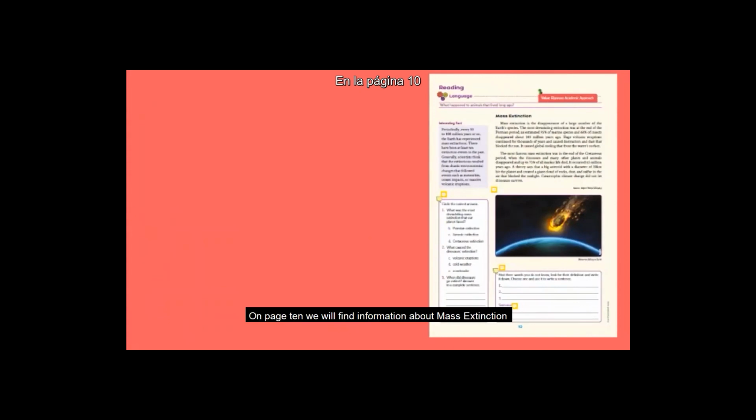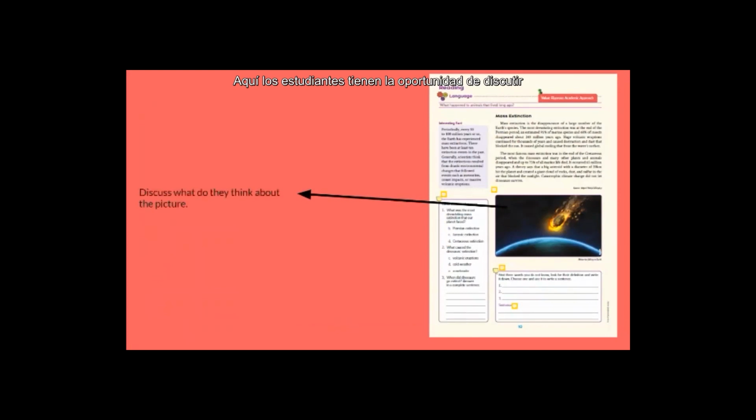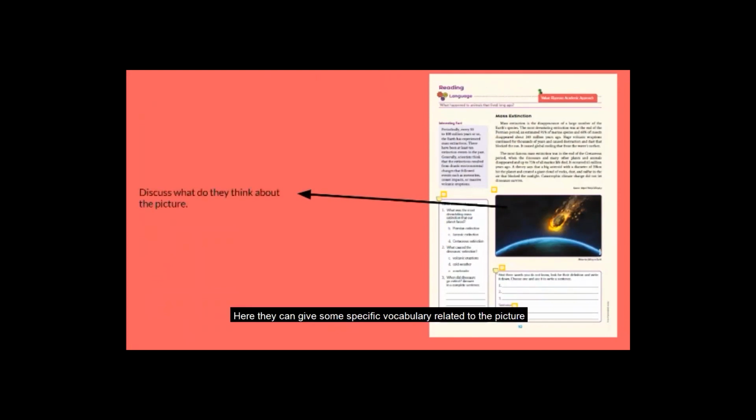On page 10, we will find information about mass extinction. Here, students have the opportunity to discuss what they think about the picture. Here, they can give some specific vocabulary related to the picture.